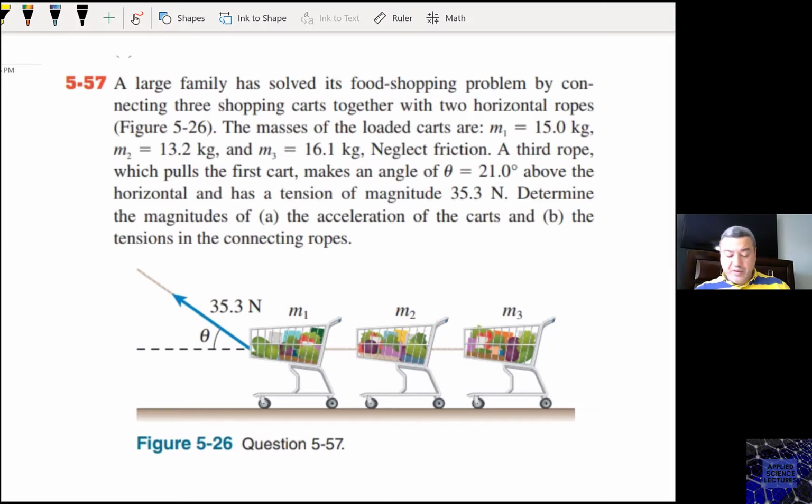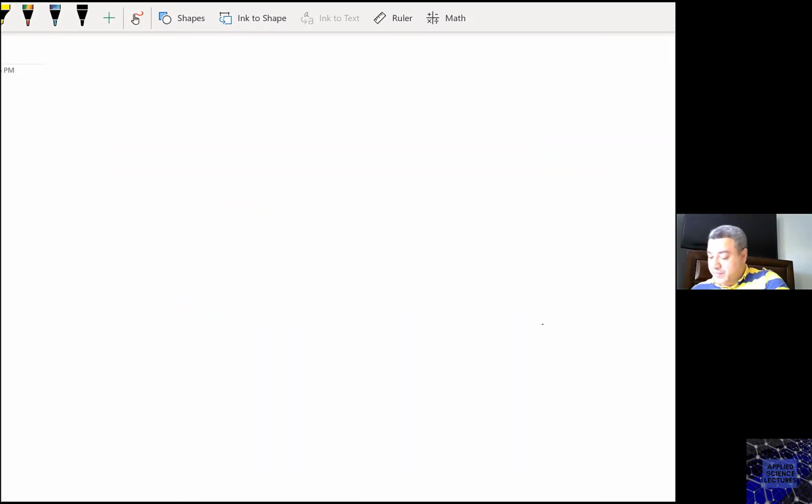So at the beginning, we will start with formulating the problem. We will draw the ground first, and then those 3 masses that represent the carts, 1, 2, and 3.